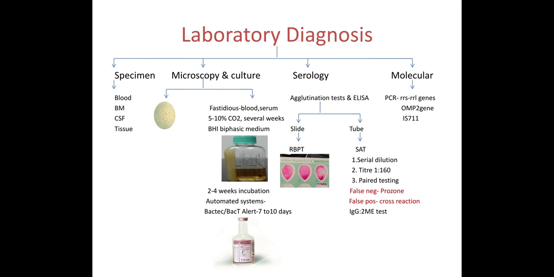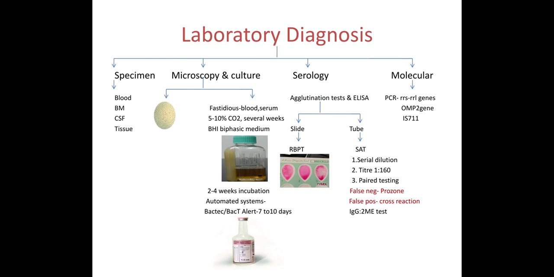To reduce the prozone phenomenon, or to make the SAT more specific, 2-mercaptoethanol can be added, which detects specifically the IgG of brucella. So addition of 2-mercaptoethanol (2-ME) to SAT makes it a more specific test.